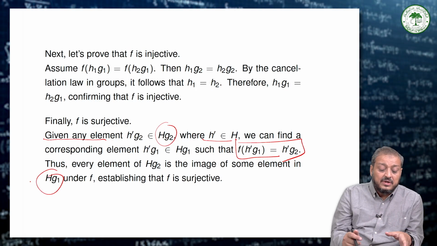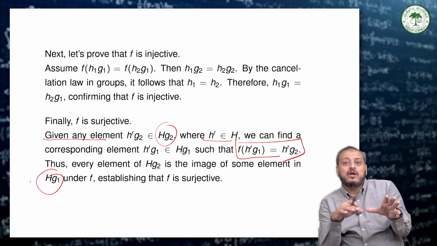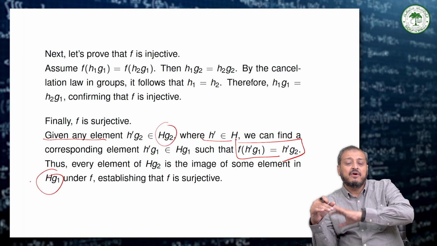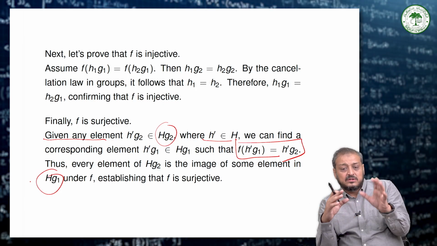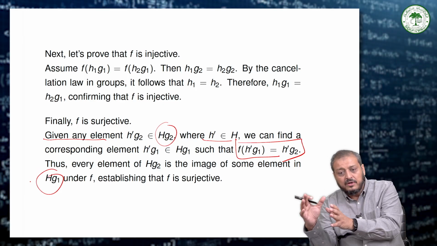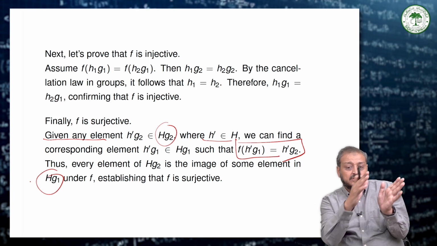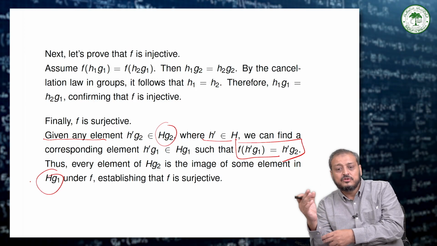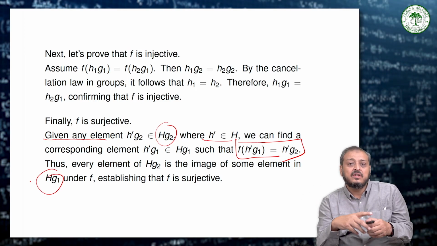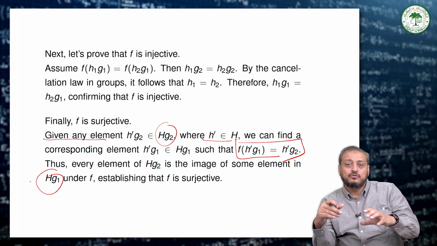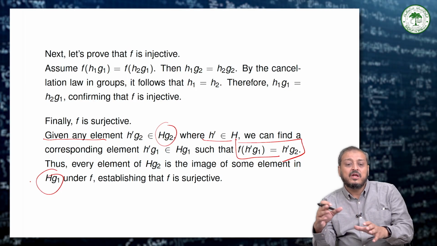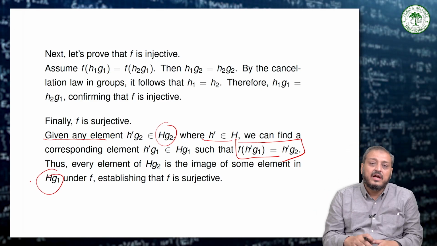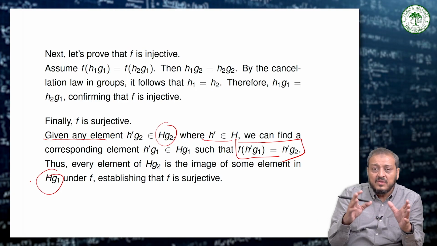So we take any element of H g2, and then we find the corresponding element in H g1, and we show that f of this element of H g1 is the same as the element of H g2. This means every element of H g2 is the image of some element in H g1 under f, and that establishes that f is surjective.